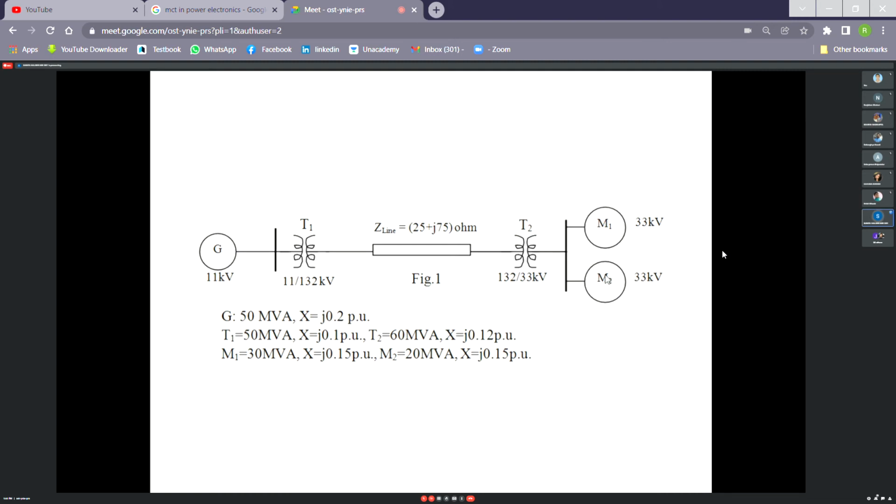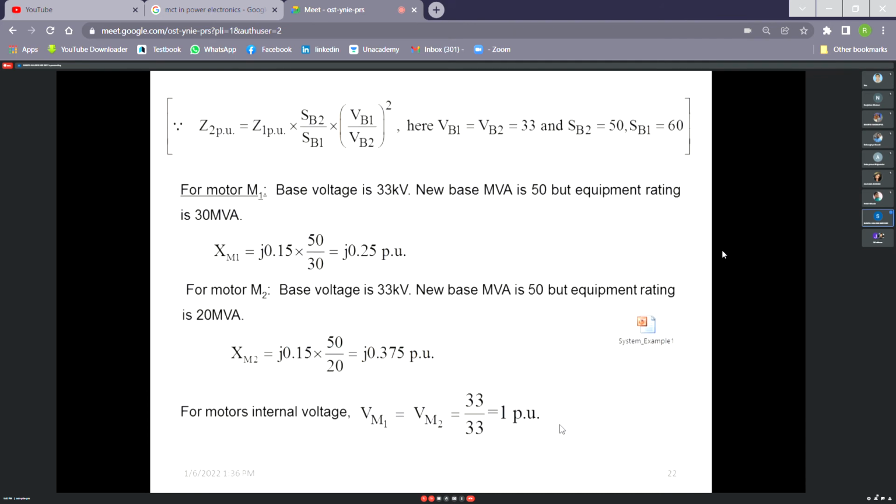If there is a short circuit at the terminal of an induction motor, then no current will flow from the induction motor towards that, because in an induction motor there is no induced EMF, right? But a synchronous motor will contribute. Okay, so generally in this type of system, if an induction motor is there, then that will behave as a transformer, as a passive device. So motor internal voltage is 1 per unit.